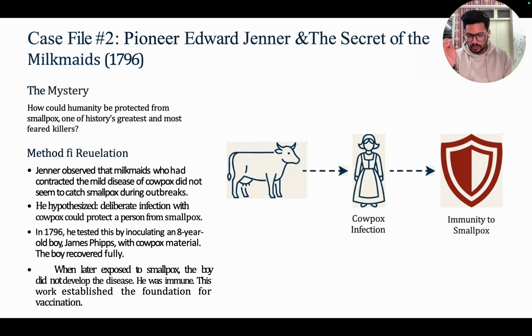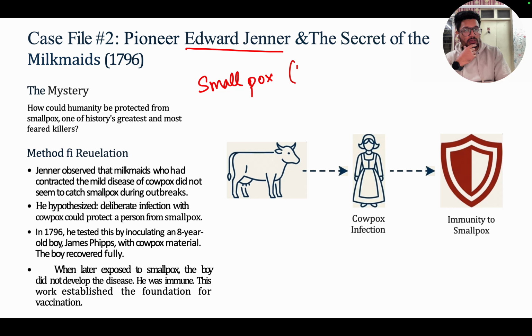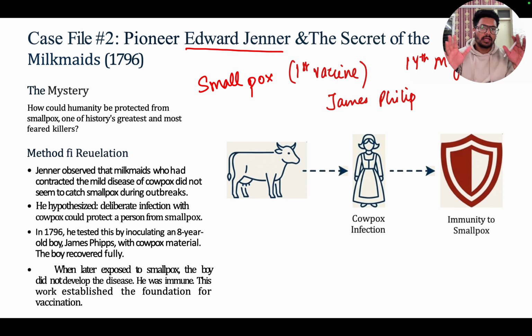Now, second, let's talk about Edward Jenner, a very important personality of public health. He invented the smallpox vaccine. Smallpox was the first vaccine known to humankind. On 14th of May 1796, he inoculated James Phillips, an 8-year-old boy.